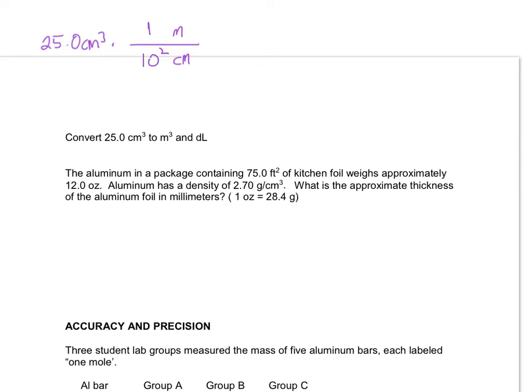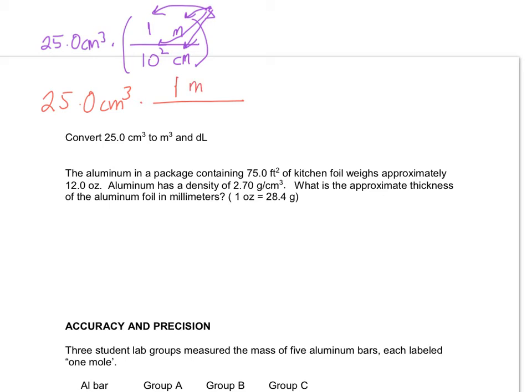So what I'll do next is I'm going to cube the whole thing. When you do that, the cube distributes. So it goes here, here, here, and here. So I'm going to rewrite that. You write it as 25.0 centimeter cubed. And then 1 cubed is 1.